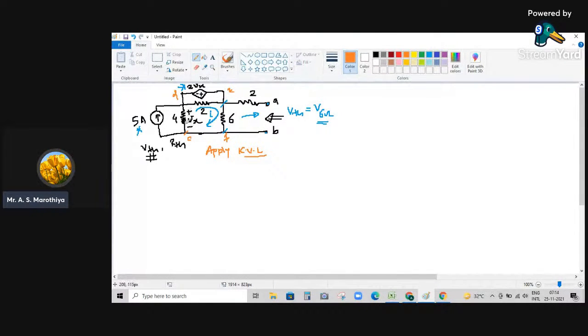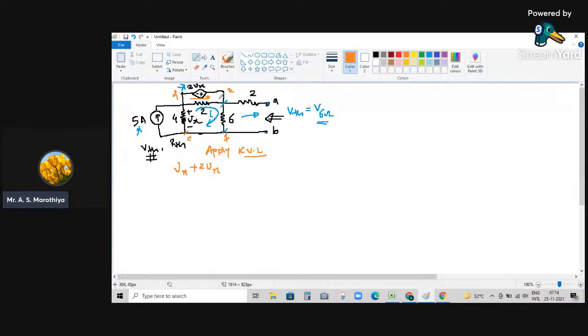Now when we are moving through this 4 ohm resistor, we will experience a voltage rise of magnitude Vx, so I am writing here plus Vx. Then when we are moving through this element, again we experience a voltage rise because we are moving from negative to positive, so it is going to be plus 2Vx.